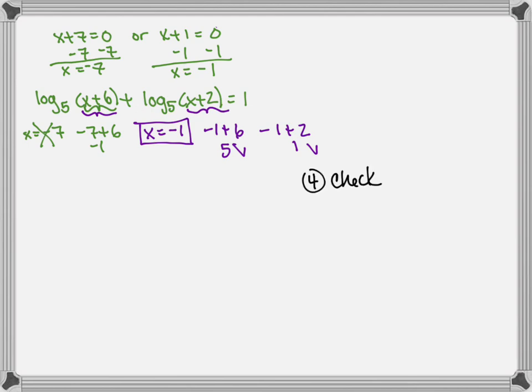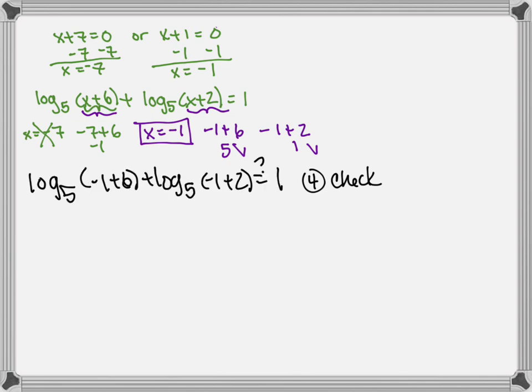But it's still also good to check the solution fully in our original equation. So let's check x equals negative 1. Log base 5 of negative 1 plus 6 plus log base 5 of negative 1 plus 2, does that equal 1? So log base 5 of 5 plus log base 5 of 1, does that equal 1? Well, log base 5 of 5 is 1.